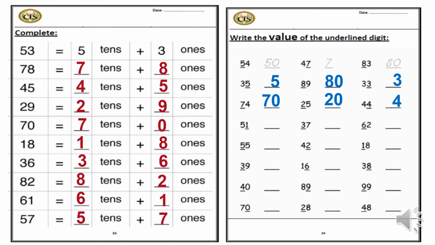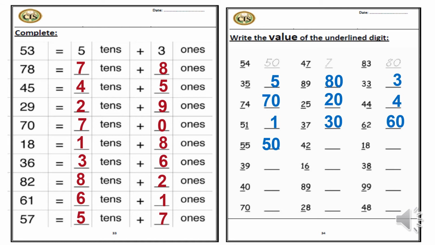Next we have here 51, here 1 in ones place, so its value equals 1. We have here number 37, 3 here in tens place, so its value equals 30. We have here 62, 6 here in tens place, so we say before in tens we put a 0, so its value equals 60. Here we have number 55, so 5 here in tens, its value equals 50.